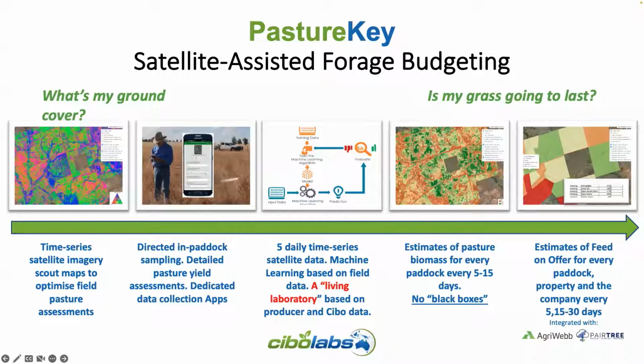So we have the capacity to help people work out a much clearer and much more accurate understanding about their ground cover across their paddocks and across their properties based on time series satellite imagery, which is really, I guess, cutting edge technology, where we're starting to be able to use upwards of 7,000 satellite images to start to generate very, very high accuracy imagery to optimize what we're doing in terms of pasture assessments.